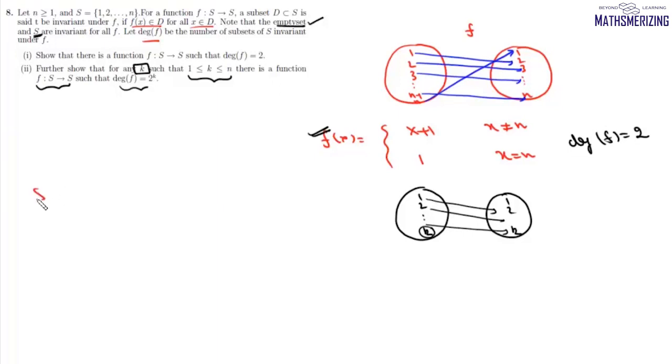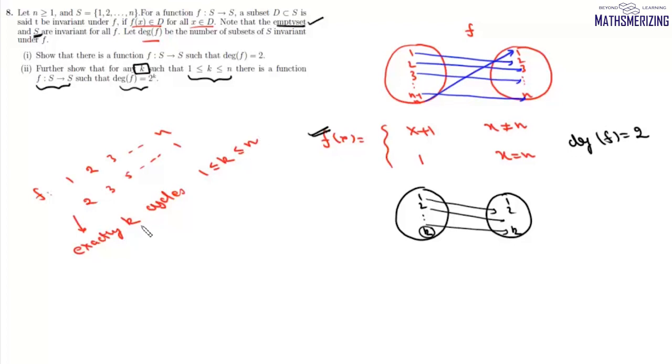So we have this function f which is defined on 1, 2, 3, up to n, and if we consider permutations of these numbers, say 2, 3, 5, 1, then we can define this function in such a way that this function has exactly k cycles where k lies between 1 and n.